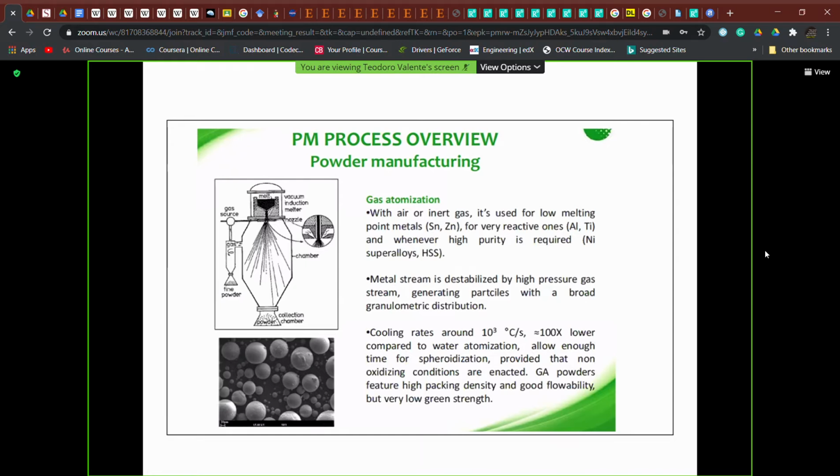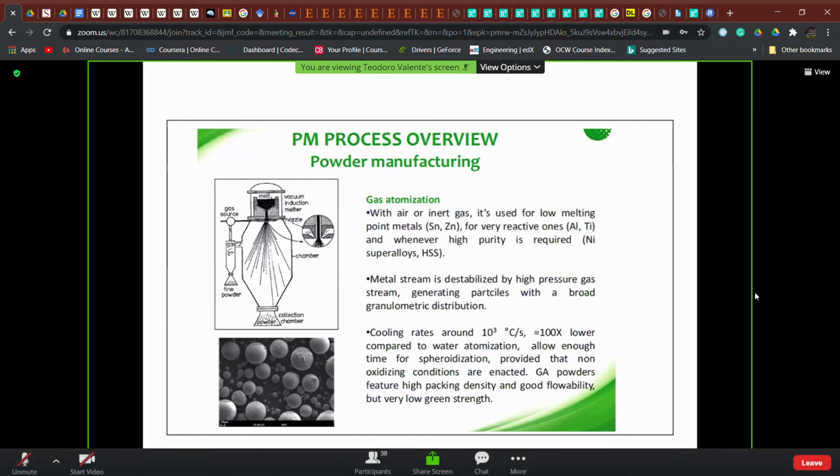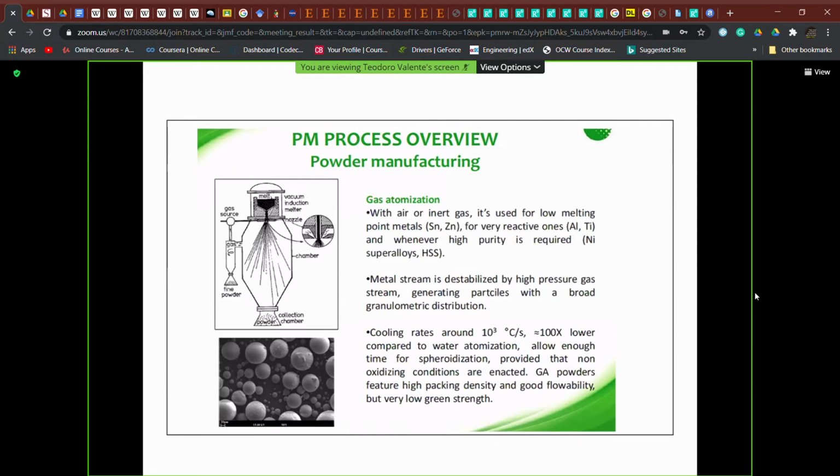Generally, since it can operate in an atmosphere where oxygen is not present at all if we use an inert gas, it is used every time we require a very high purity of the powders fabricated after solidification, such as in the case of nickel-based superalloys or HSS, which means high-speed steel.